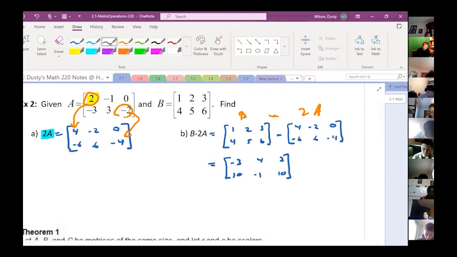So again, 5 minus 6 put together give you the -1. So addition, subtraction, scalar multiplication happen just like you would expect them to happen.